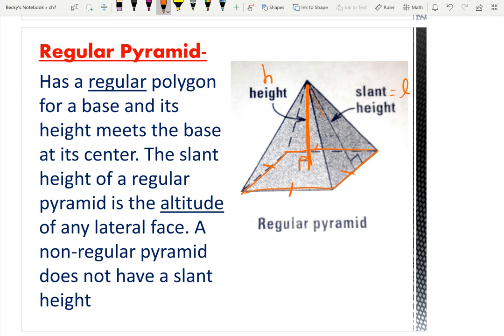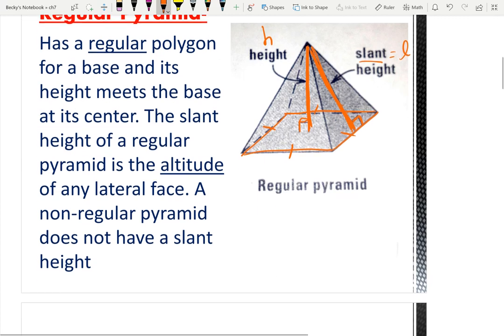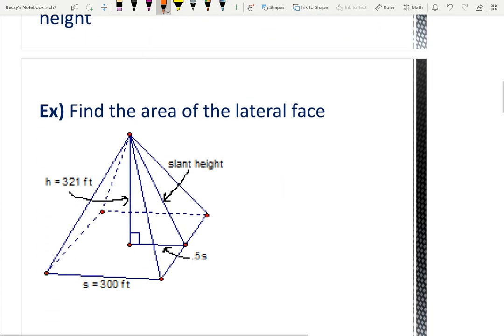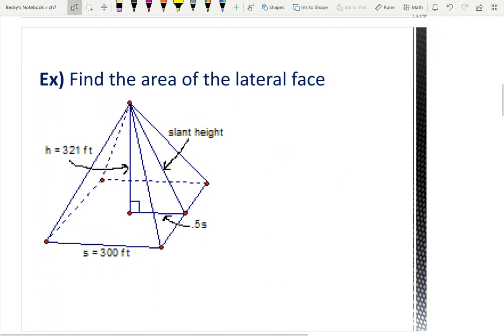This is like if you're a kid climbing up the side of play equipment. It is not straight up, it's slanted. But it makes a right angle with the base down here. So it is tricky, and we're going to have to learn how to distinguish between those.